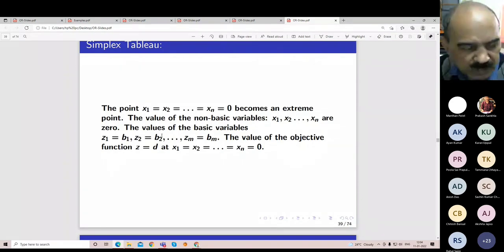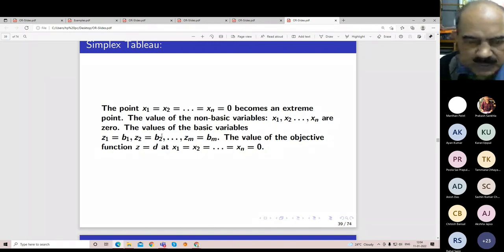We solve a linear programming problem using the basic feasible solution method. Assume that in the system there are n plus m variables, out of which m are basic variables and the rest are non-basic variables.